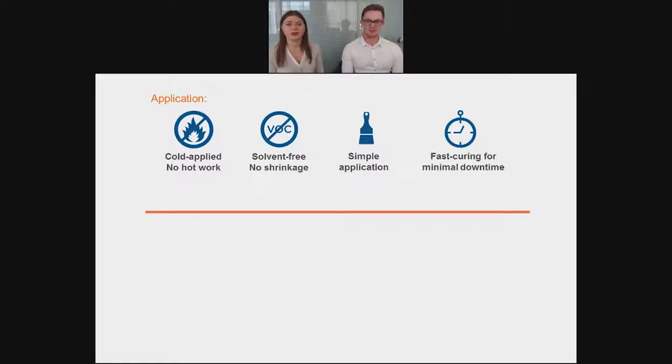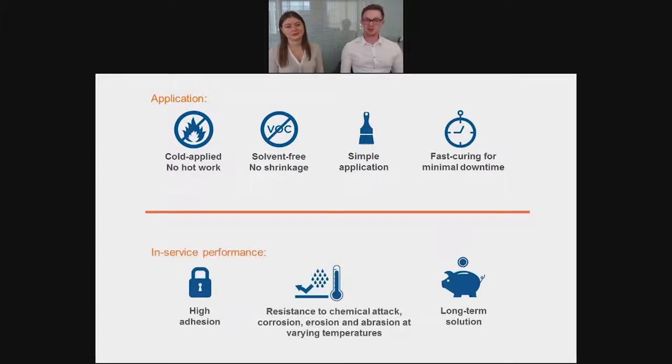And all cure with a wide application window and no external heat or specialist tools required. In terms of performance, all the materials we've shown exhibit very good adhesion to a wide variety of substrates. And there are a lot of products which can cope with varying levels of chemical or mechanical attack. Obviously, we don't have time to go through every single one of them at the moment.